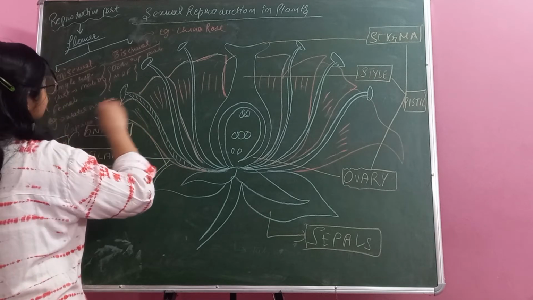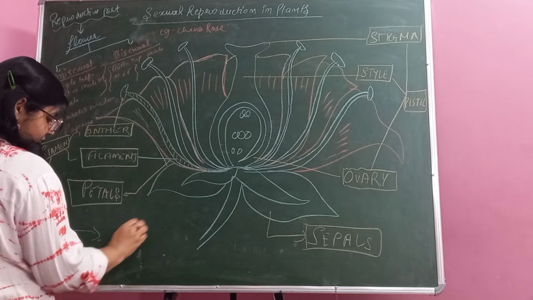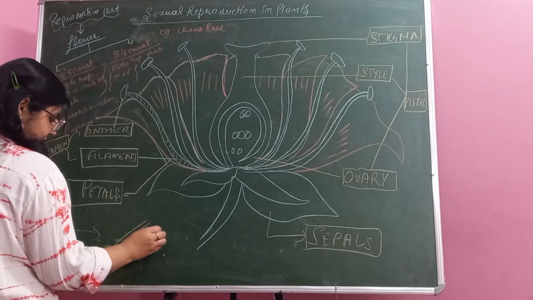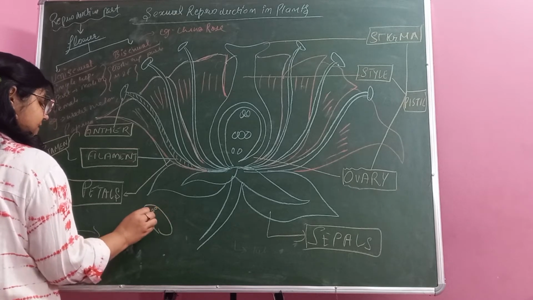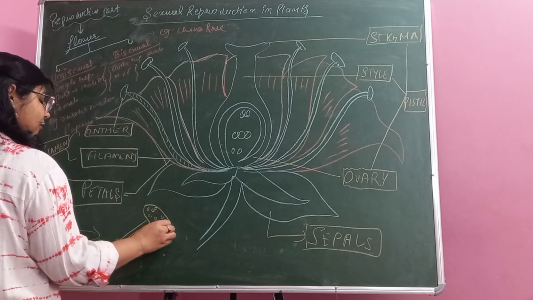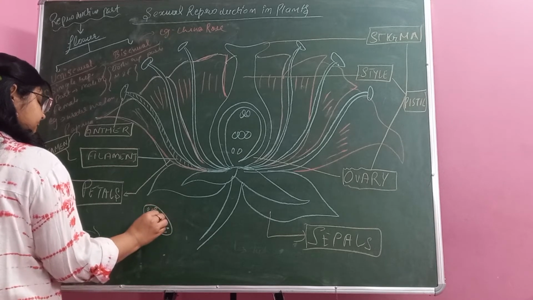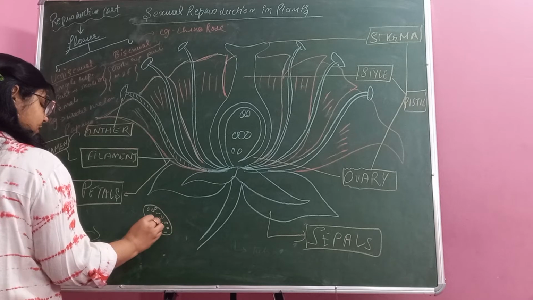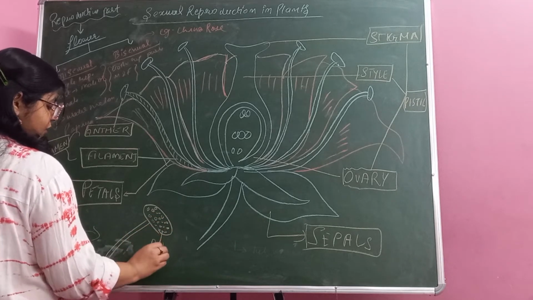If I draw this stamen, zoom the picture here, it is like this: filament, this is the anther, and it has many yellow, mostly spherical, dot-like very small structures, pollen grains.